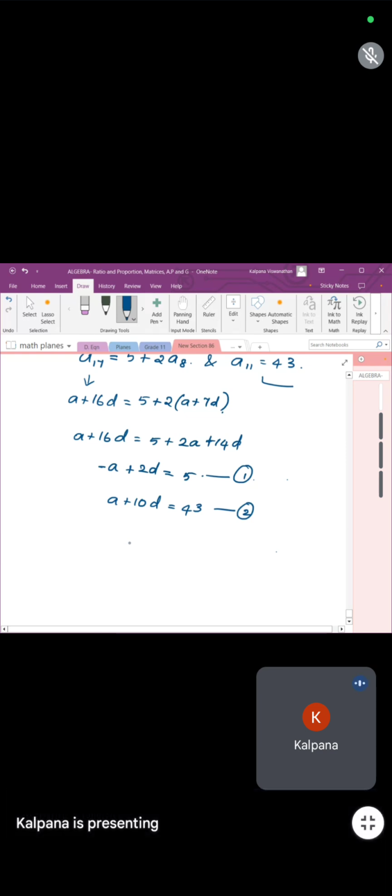By elimination you can find a and d. Are you all solving?